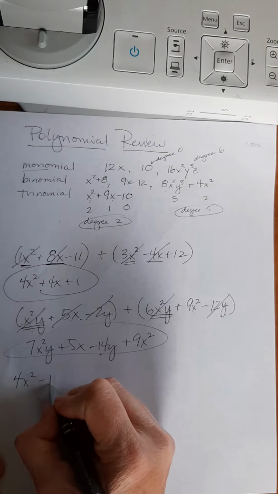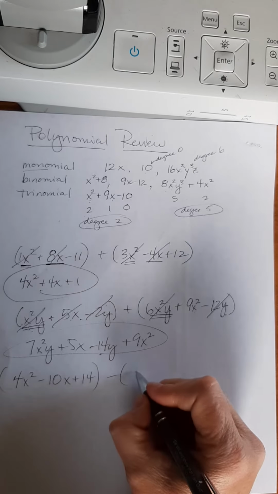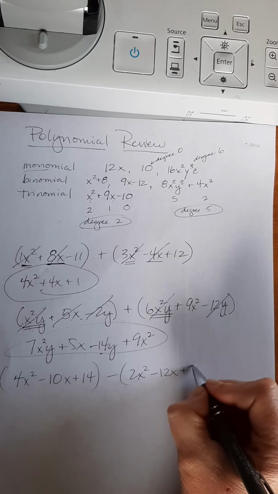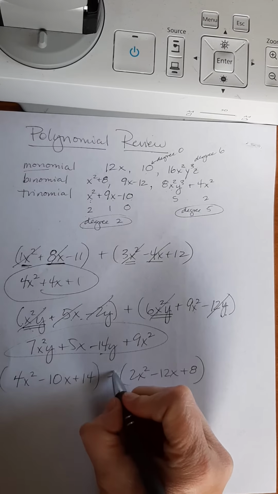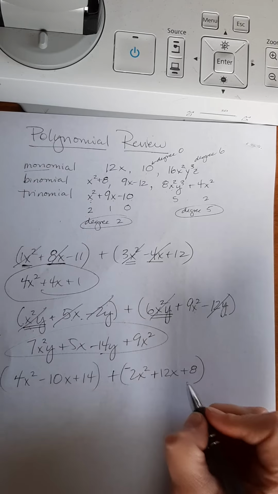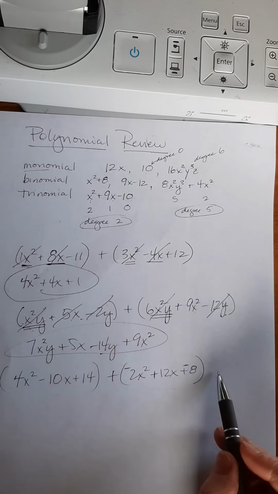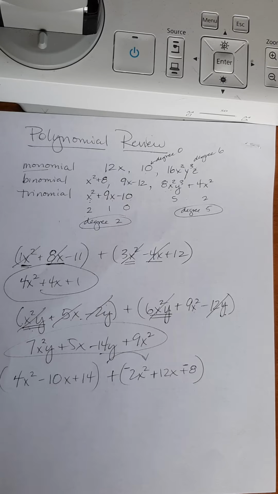Well, let's subtract some. Now, remember, subtraction is considered the same thing as adding the opposite. So if I want to add the opposite, I change all signs, always in the one after the subtraction symbol.